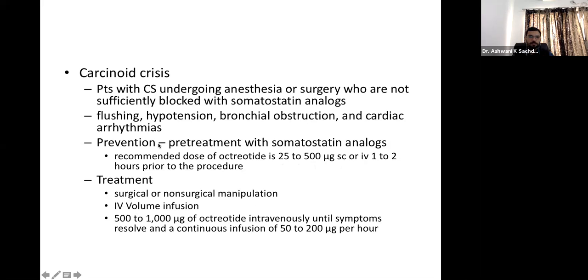If it develops during surgery, surgical or non-surgical manipulation should be stopped. IV volume infusion should be given, as serotonin causes hypotension, and 500 to 1000 micrograms of octreotide intravenously, followed by an infusion of 50 to 200 micrograms per hour till the symptoms are resolved.